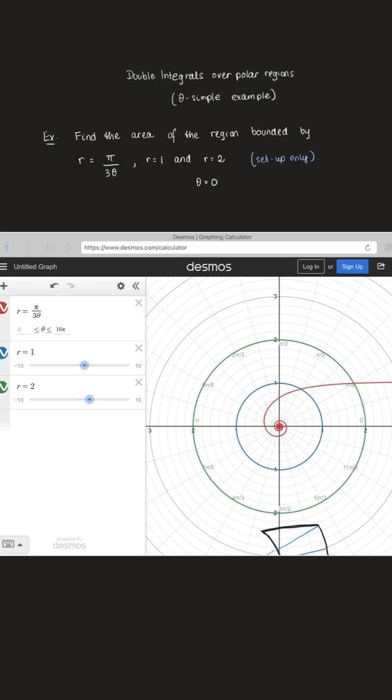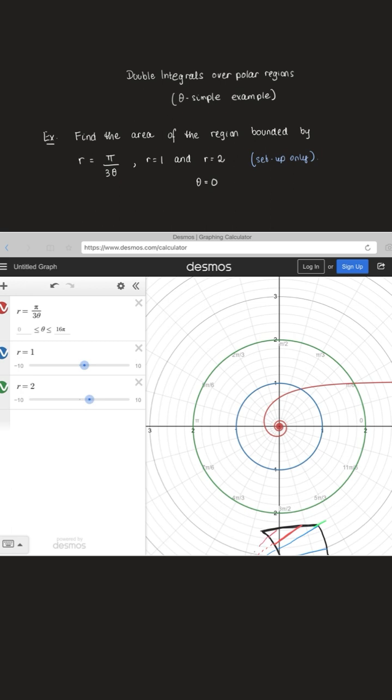Now, something happens at this point, and that is that it looks like after pi over 6, r is no longer between r equals 1 and r equals 2. R now is going to be between, right, forget about this region here, but start here is going to be between r equals 1 and our function, r equals pi over 3 theta. Keep going.